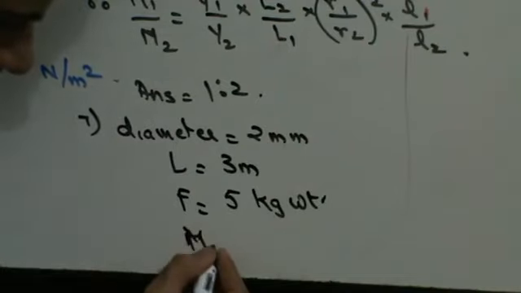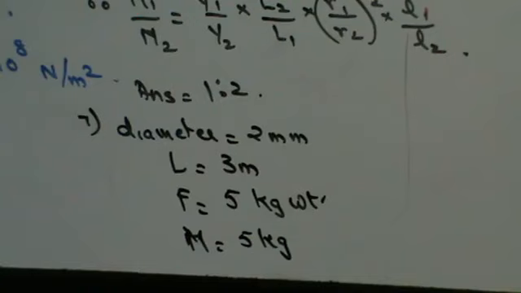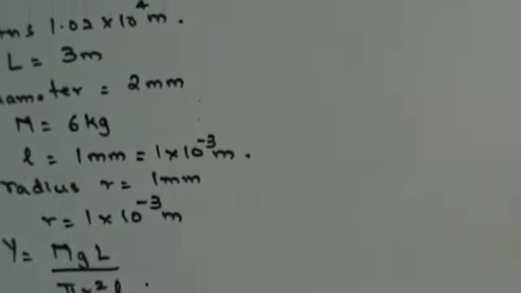That means in that case my mass is going to be 5 kg. Find the increase in the length of the wire, strain and stress if the Young's modulus for steel is 20 into 10 raised to 10 newtons per meter square.